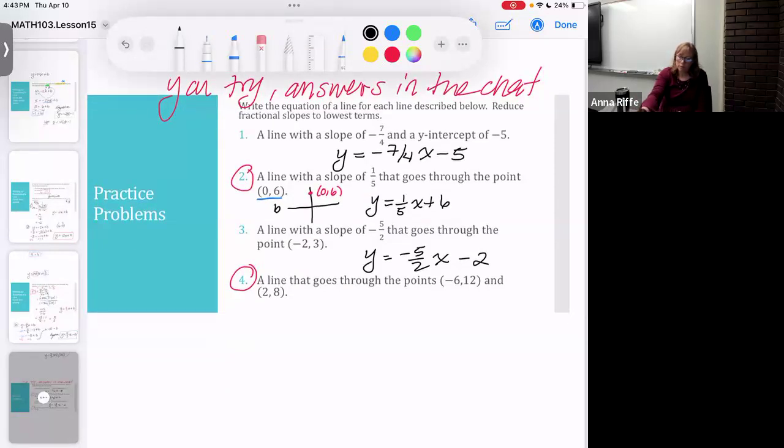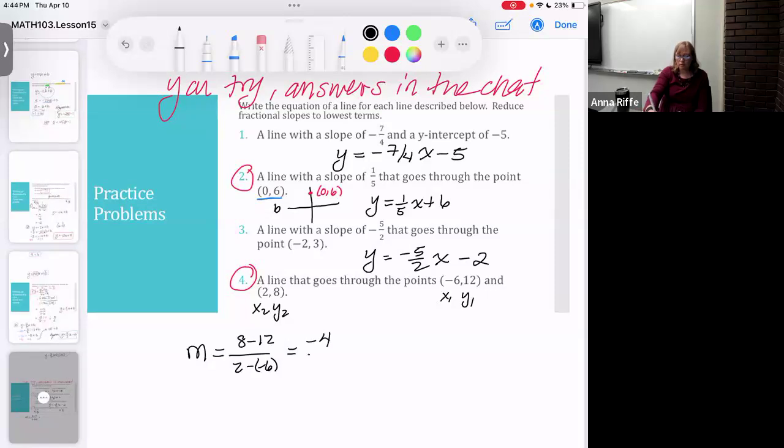A couple minutes we have. We have 2 points. We want to use those 2 points to find a slope and a y-intercept. M is equal to 8 minus 12 divided by 2 minus -6, y2 minus y1 over x2 minus x1.